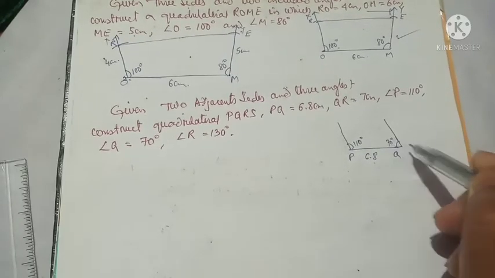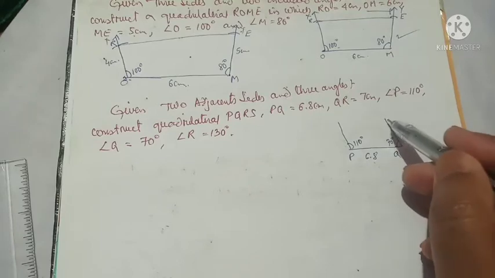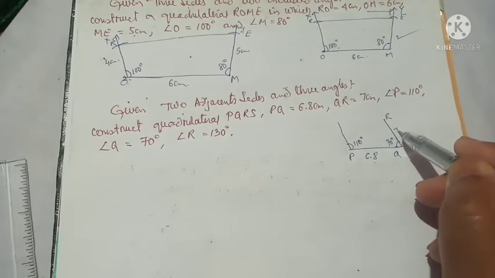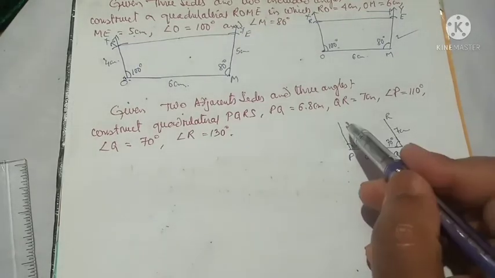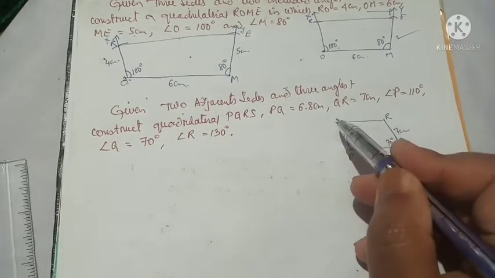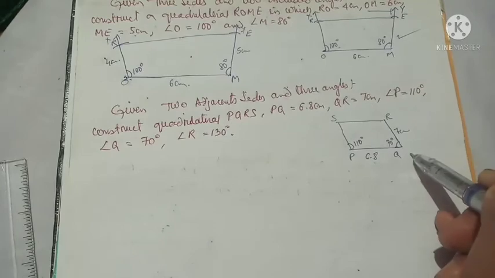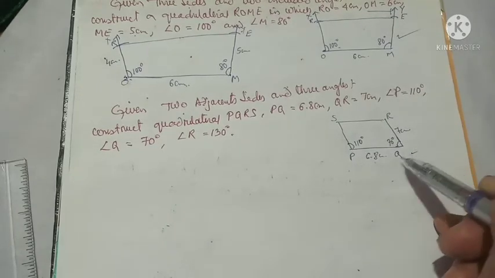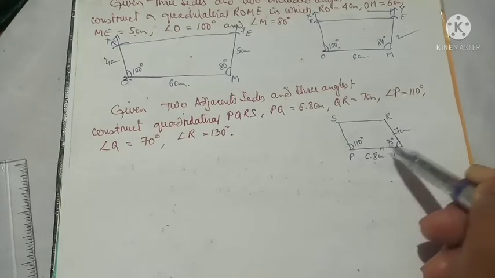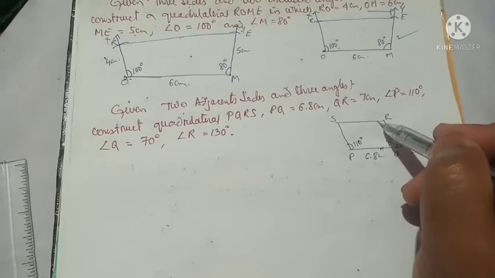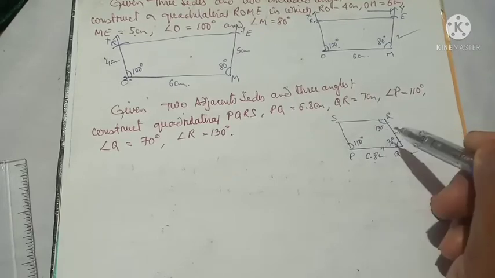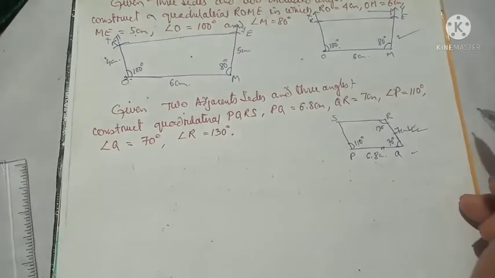Then again here we draw R. This will be 7 centimeter, and we join this. We call it S. This is the required diagram we have to construct. Because 2 adjacent sides are here, and here this will be 130 degree, 3 angles are here. We have to construct this quadrilateral.